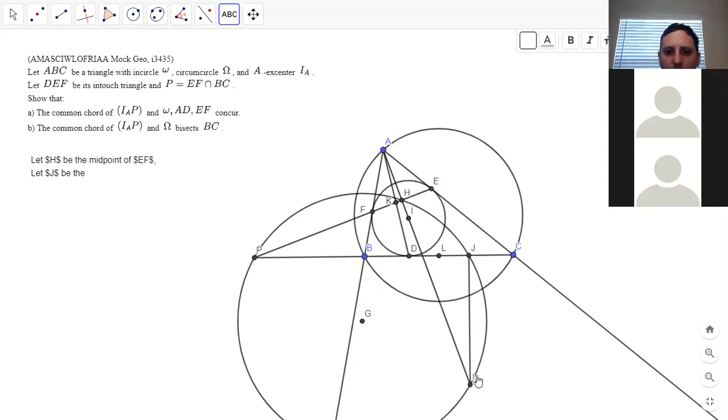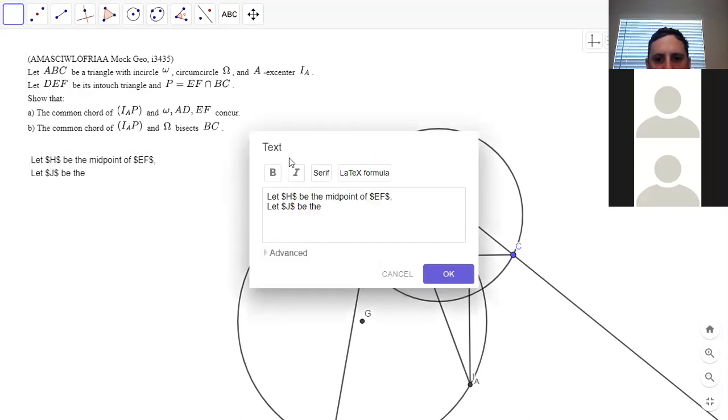So yeah, do we even need point J? Wait, we want to show IAP. Yeah, we need the point J. Oh yeah, we do need it. Yeah.